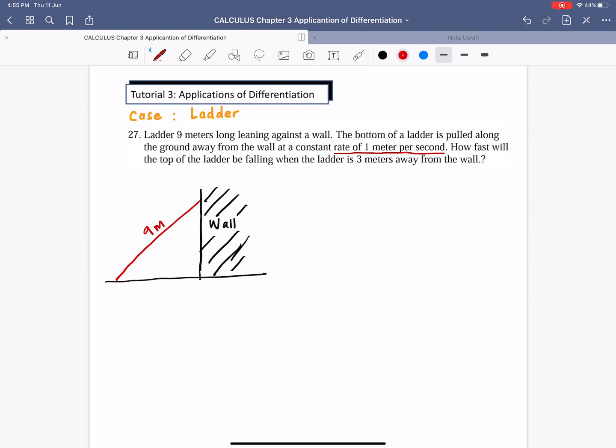Now let us assume that the distance from the bottom of the ladder to the wall is represented by x, and the distance from the top of the ladder to the ground is y.